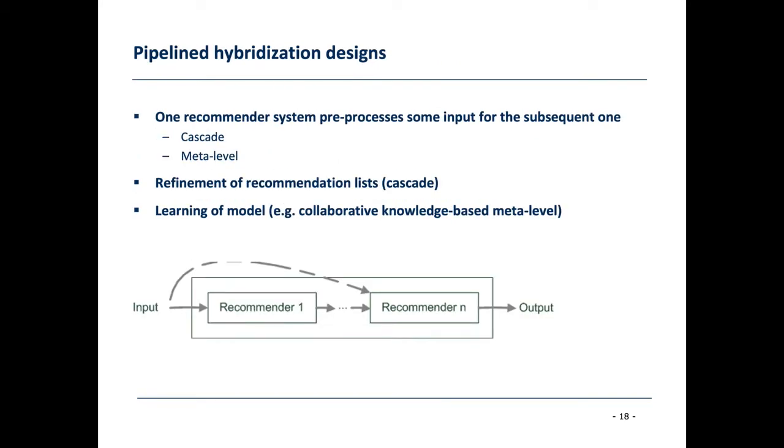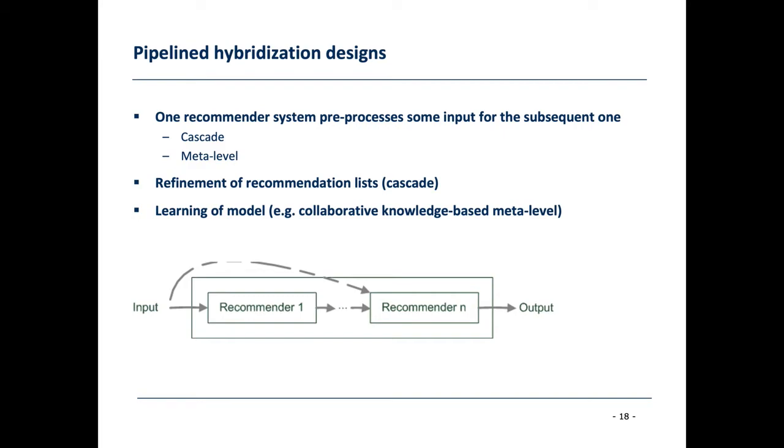We can also pipeline things. So here we've got the actual recommendation that allows one recommender to feed its list, if you will, of recommendations to the next recommender in the pipeline. And optionally, you can allow the input to be fed in as well.